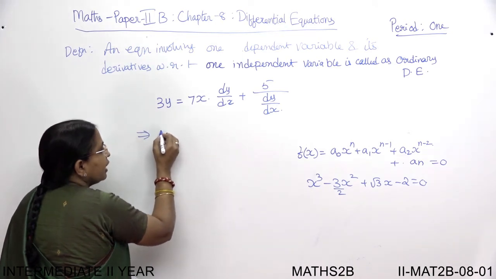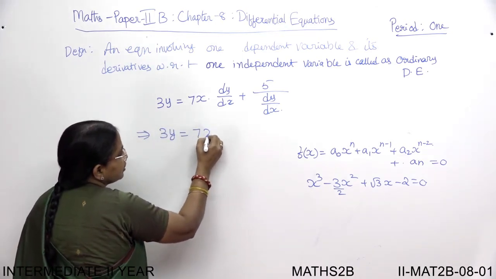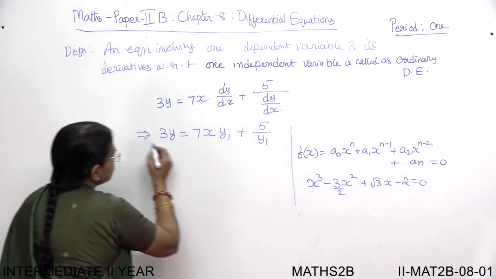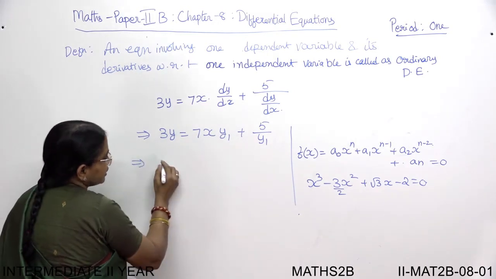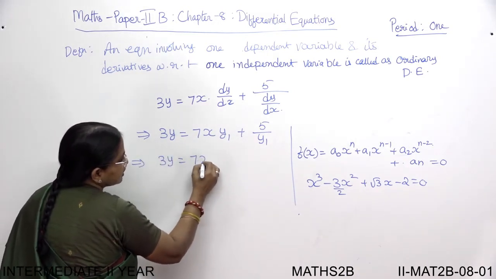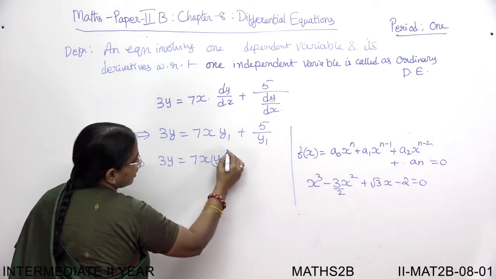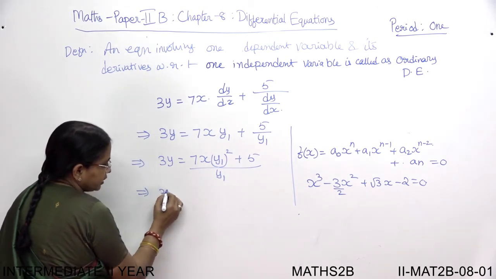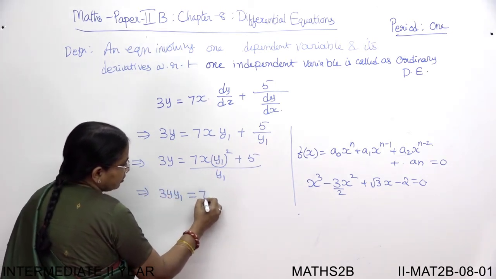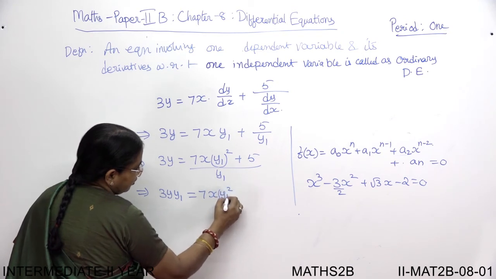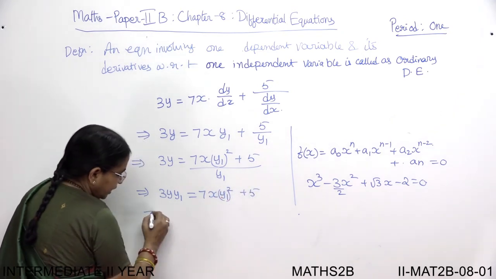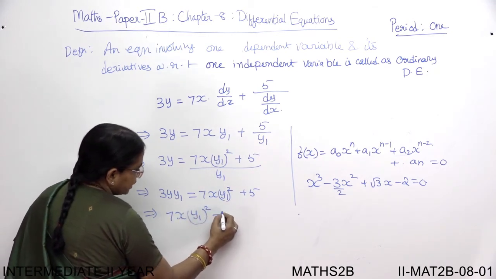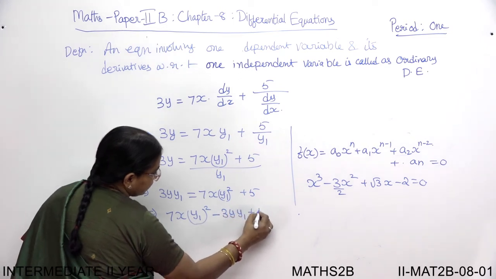So I'll write it as y1, which makes it easy to simplify: 3y is equal to 7x y1 plus 5 by y1. Taking the LCM, 3y y1 is equal to 7x y1 square plus 5. As a polynomial equation, it is 7x y1 square minus 3y y1 plus 5.